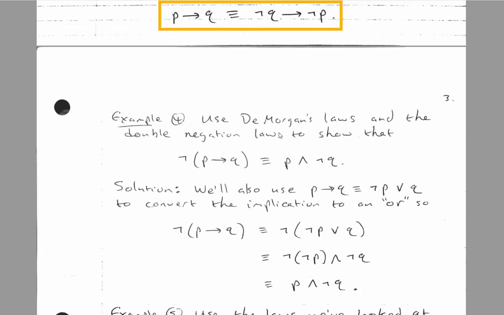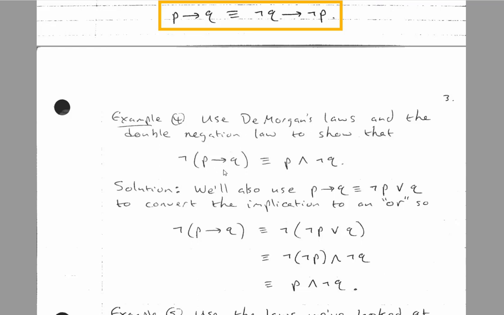Okay, so just a couple more examples here. Example 4, use De Morgan's laws and the double negation law to show that not P implies Q is equivalent to P and not Q. De Morgan's laws just involve ors and ands and negations.